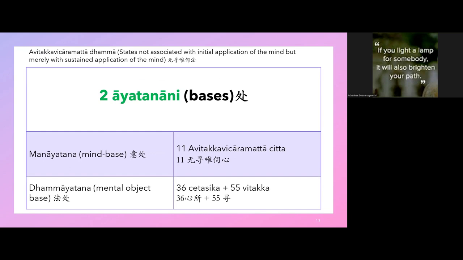Under bases, we get 2 bases, 2 āyatana. The 11 consciousness, avitakkavicāramattā consciousness, are classified under mana āyatana, mind base. And the mental factors, the 36 cetasika and the 55 vitakkas of the savitakkasavicārā dhammā, are classified under dhammā āyatana, mental object base.